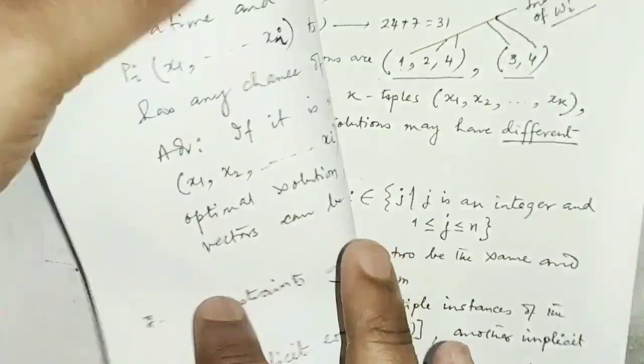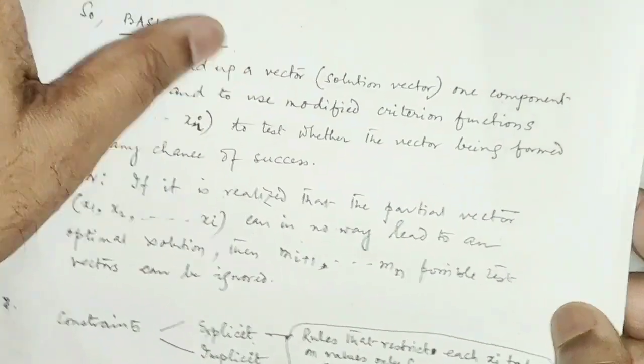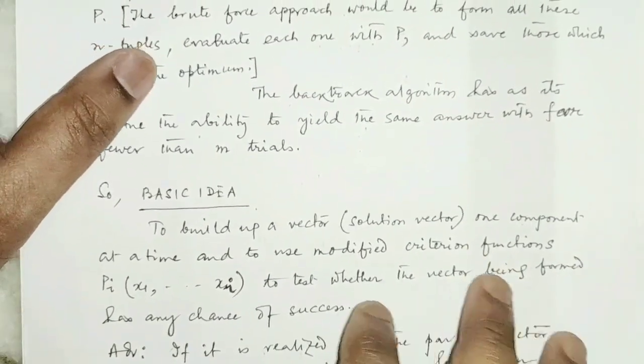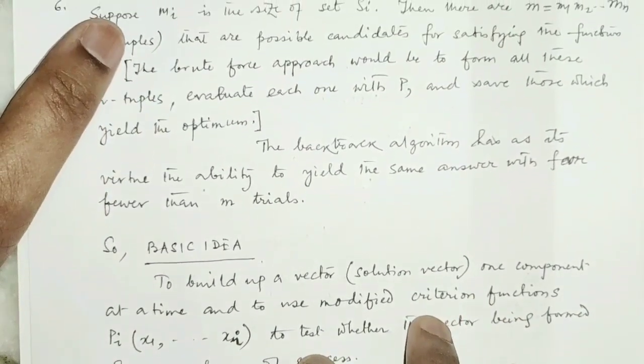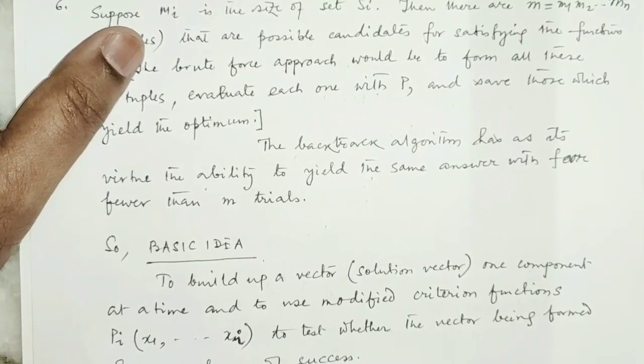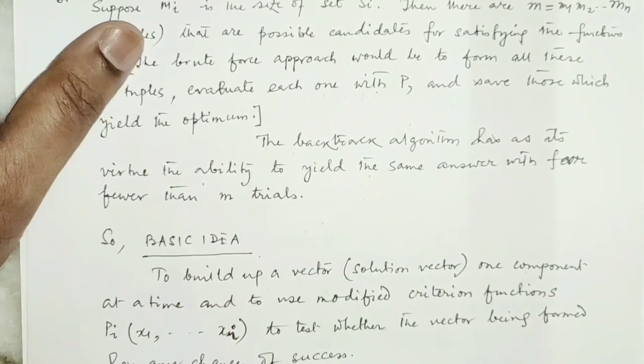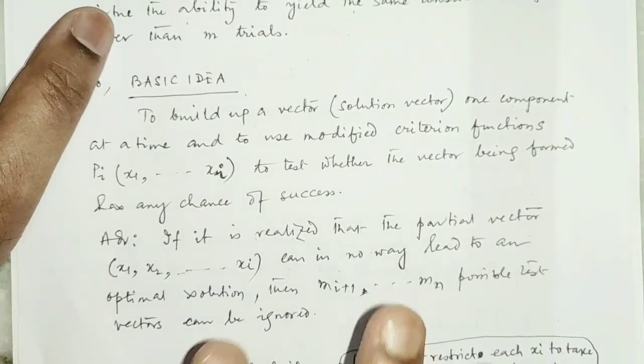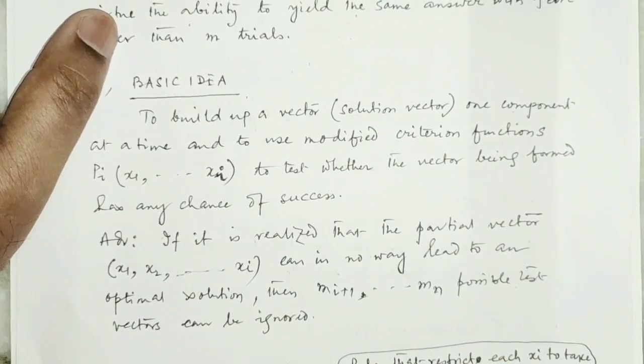Once a solution is being constructed, if it is found that the partially generated vector is not sufficient to lead to a solution, then we have to ignore it and so forth. So we should follow this basic idea when solving any particular problem.